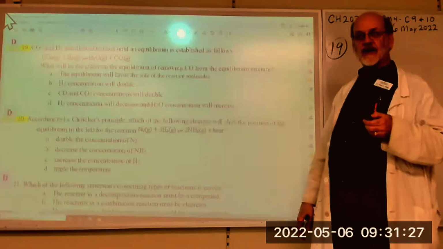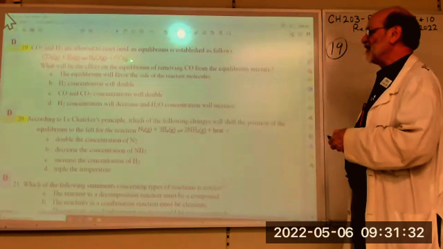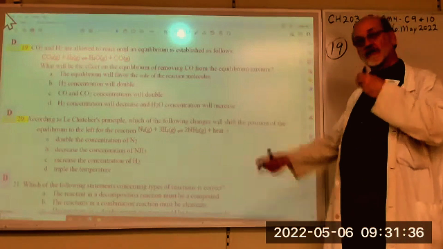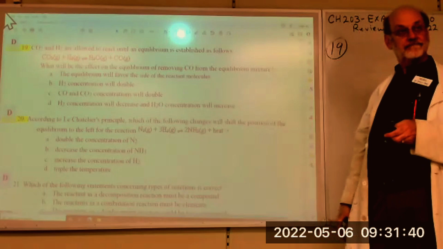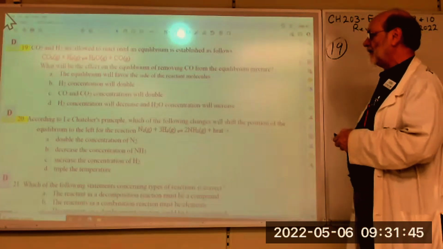It's going to sit there and twiddle its thumbs. No. If you remove CO, it's going to shift to replace some of that CO. It's going to shift to the right, as written. Okay? That's how it responds to a disturbance.